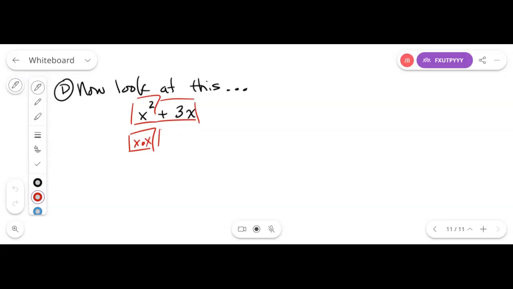This box has 3 times x. I can take an x out of both boxes, and I'm left with x plus 3. X times x is x squared. X times 3 is 3x.